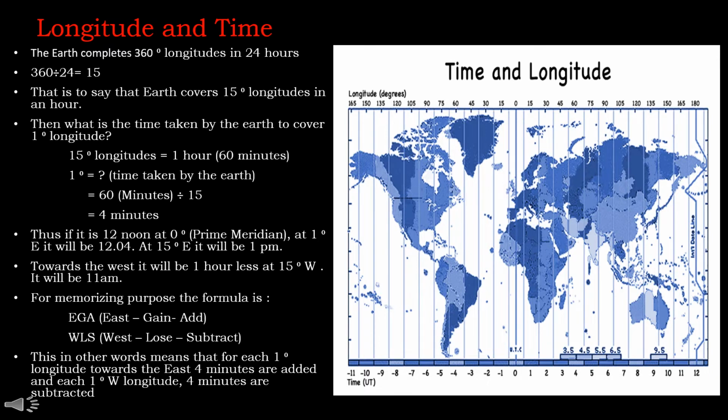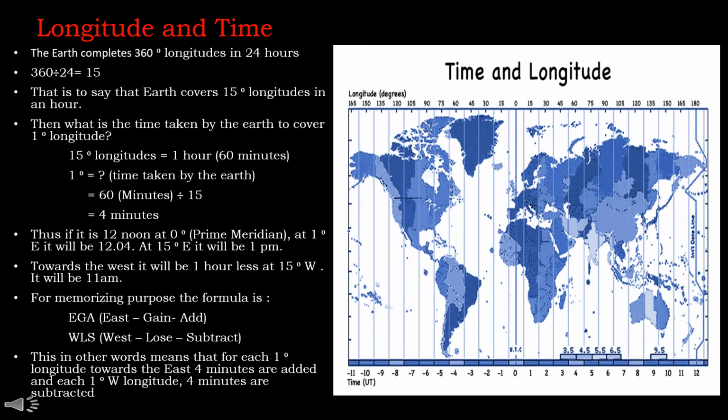The earth makes a complete circle on its axis. It covers 360 degree longitudes in 24 hours. That is to say, it covers every 15 degree longitude in 1 hour.